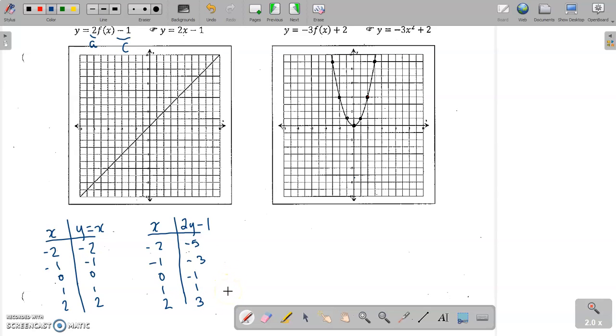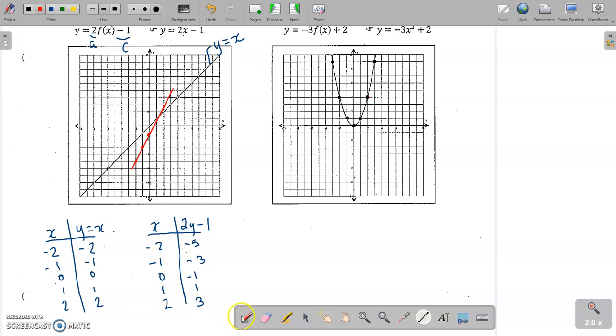So you can see that the whole line is vertically stretched, and it's also shifted down 1 unit. So graph this. I'll pause. All right, so once you have the points, you can take your ruler and join them.